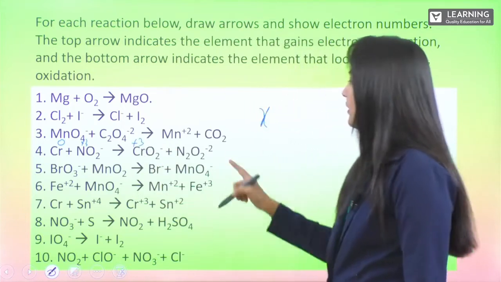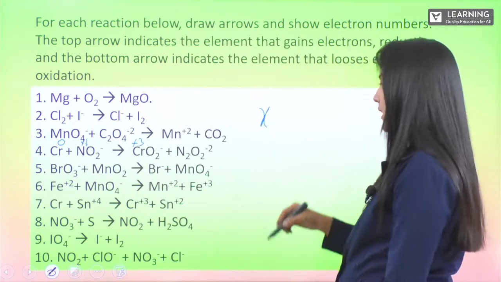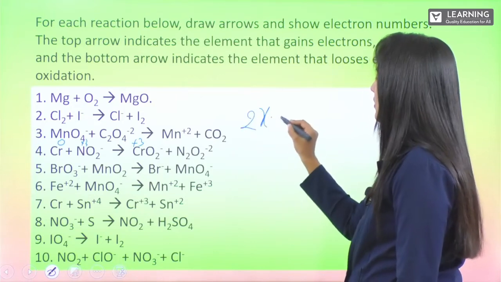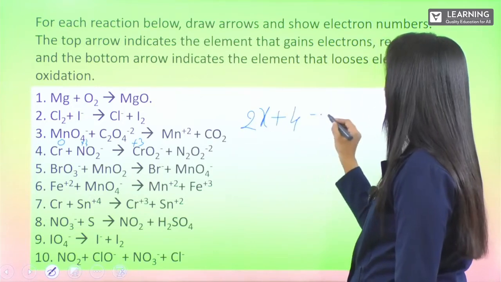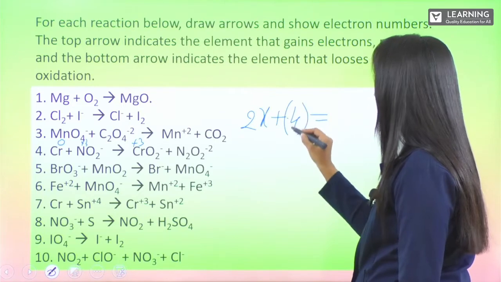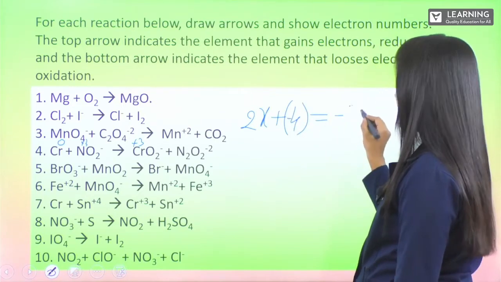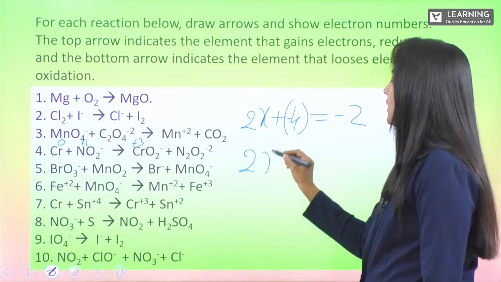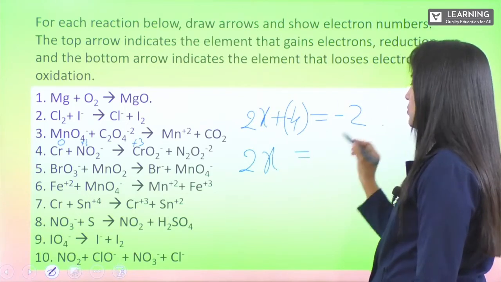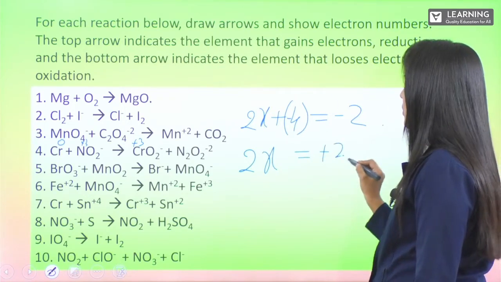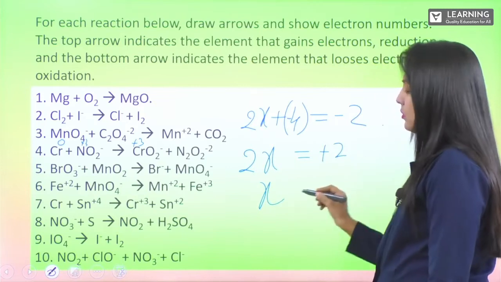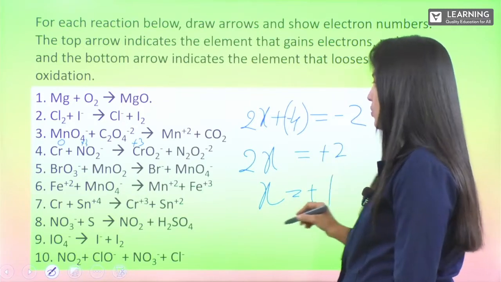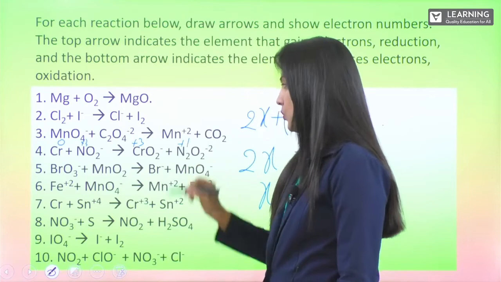Okay, then we have N2O2 2 minus. So 2x plus 4 minus 4 is equal to minus 2. So 2x is equal to minus 4, which comes on the other side as plus 2. So x is 2 divided by 2, which equals 1. So we get plus 1. Nitrogen will have plus 1.